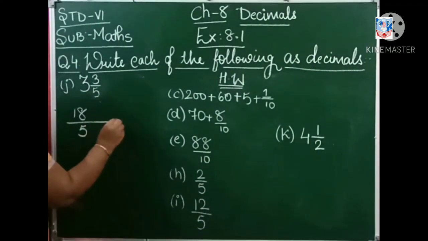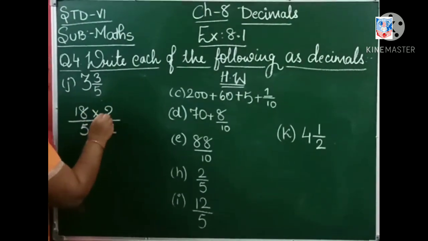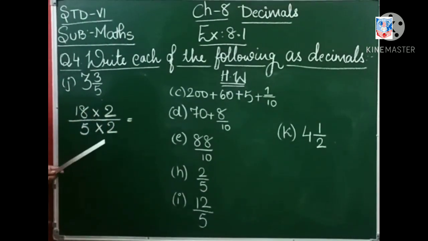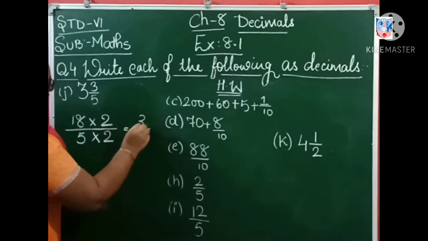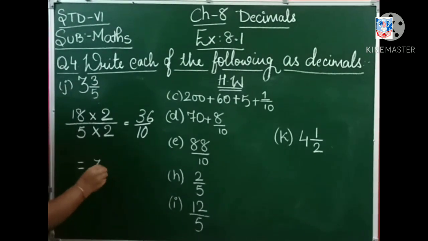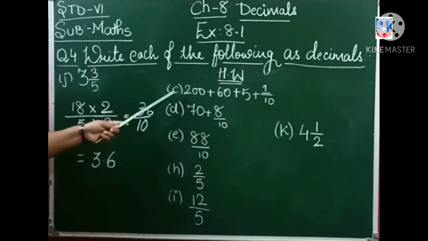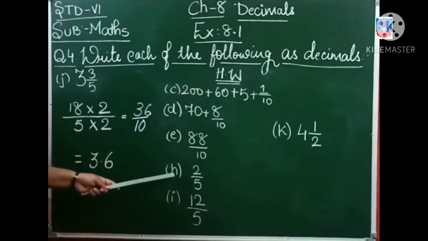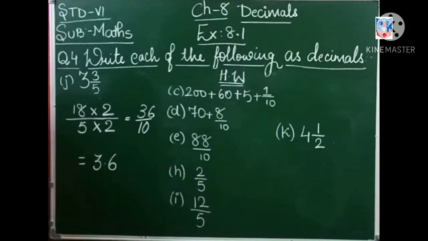So we will multiply 5 with 2 and 18 with 2. 5 2s are 10. 18 2s are 36. So our answer is 3.6. Now sum numbers C, D, E, H, I and K. This is your homework.